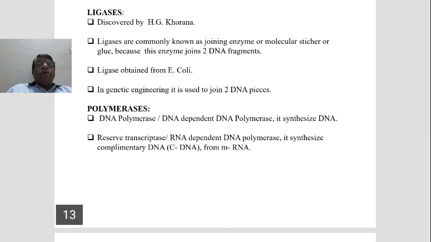Now, the mRNA is produced during transcription. If such an mRNA is treated with reverse transcriptase enzyme, it produces a single-stranded DNA molecule. If we treat this single-stranded DNA molecule with DNA polymerase enzyme, a DNA molecule is synthesized.